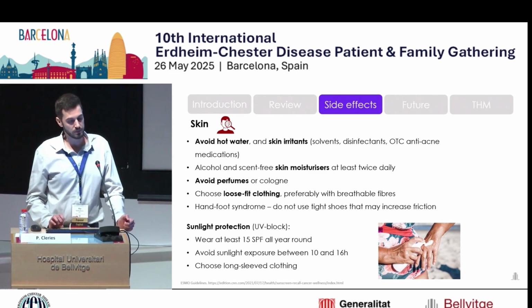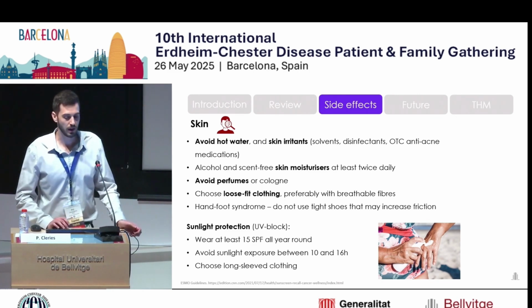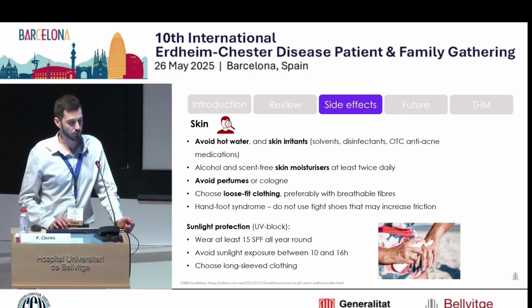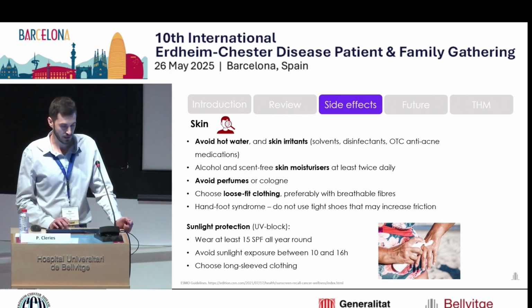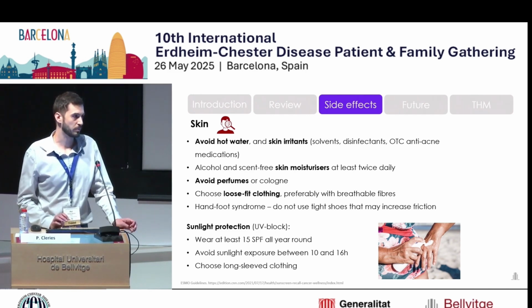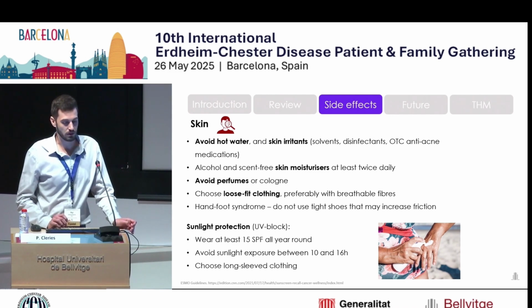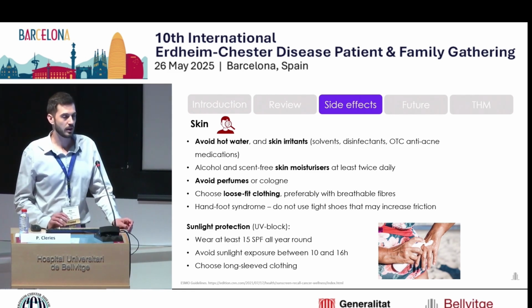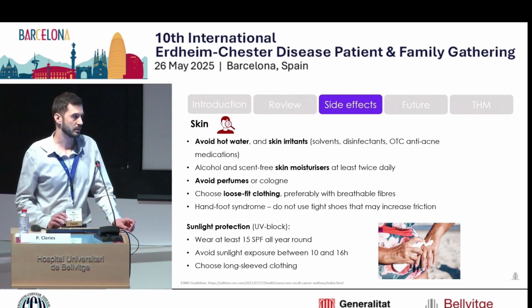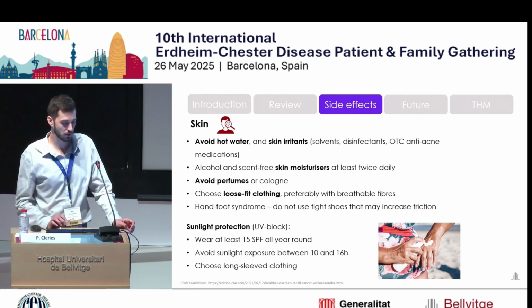So when it comes to skin, for example, it is recommended to avoid very hot water or skin irritants. You should also moisturize your skin at least twice a day with an alcohol and scent-free lotion. Try to avoid perfumes because they have a high content in alcohol, which could be an irritant for the skin.